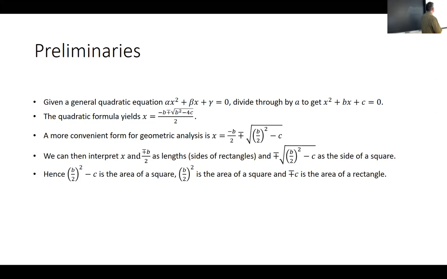Okay, and if you do the quadratic formula, here's what we get. Sorry, I used minus plus instead of plus minus for some reason, I don't know why. Now we want to interpret this geometrically. So we've got to look at the operations and think about geometric things.